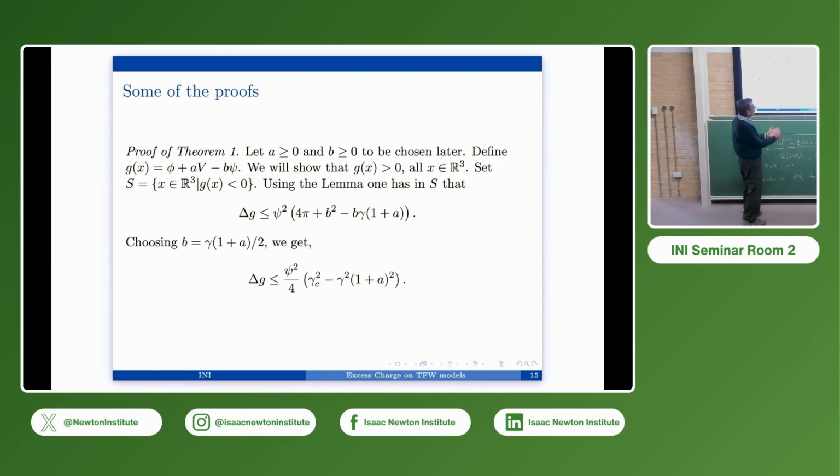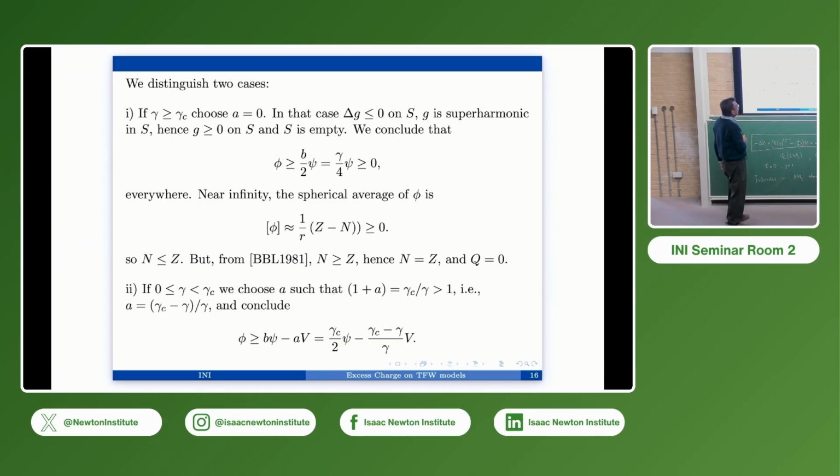Again, you define the set S as the set where the function G is positive. You compute the Laplacian, you prove that the Laplacian is going to be negative, the function is going to be superharmonic, and then it's very easy to prove the bounds.